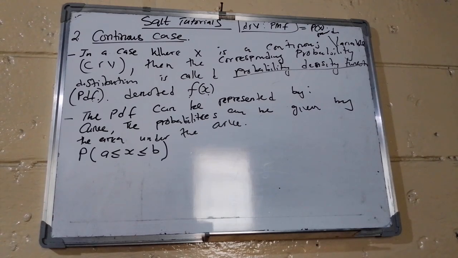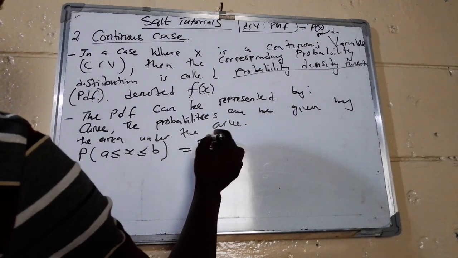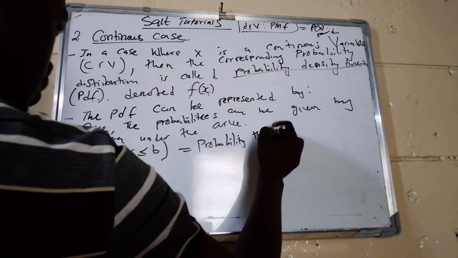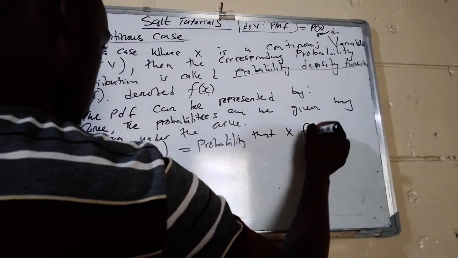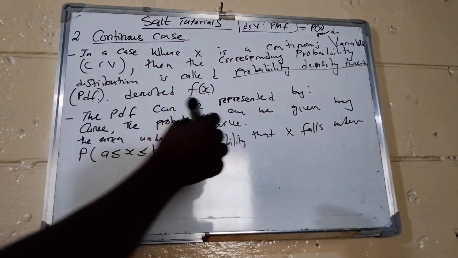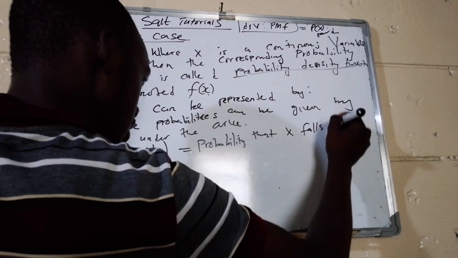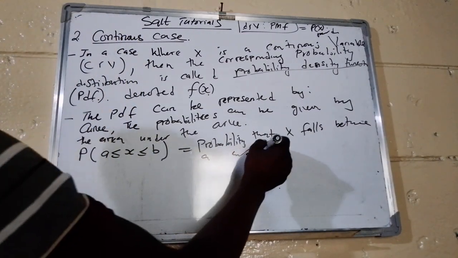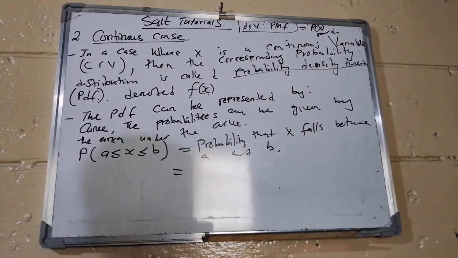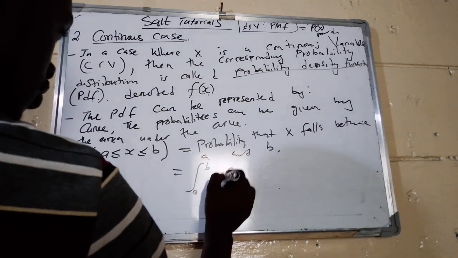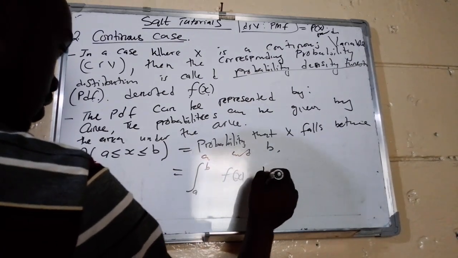So this is the probability that X falls between A and B. If you want to find the probability of X falling between A and B, this is just basically the integral from A to B of f(x) dx.